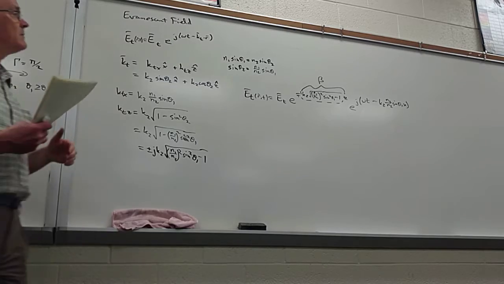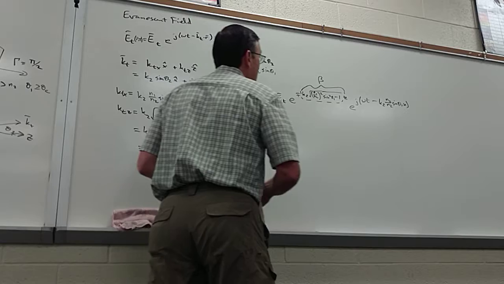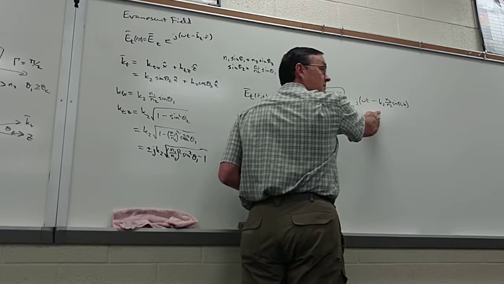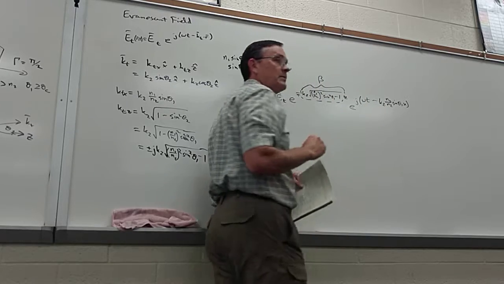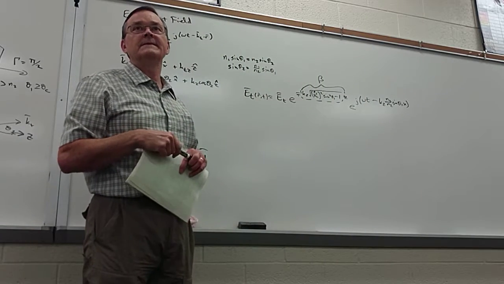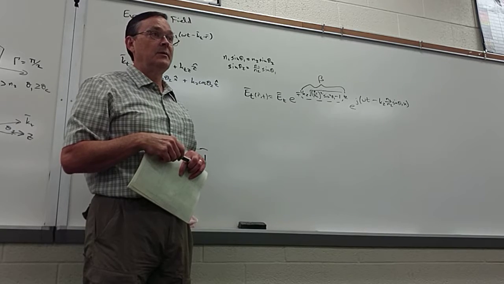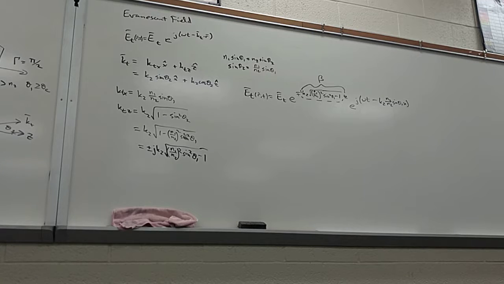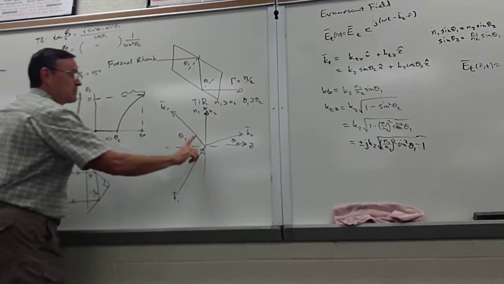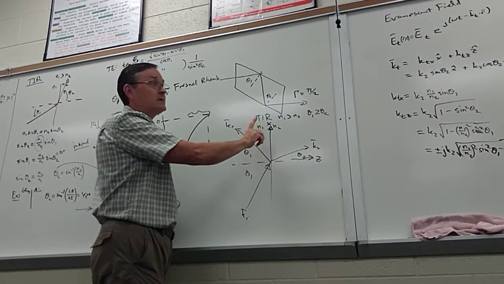Okay, so here's where we'll end. Over here, this looks like a propagating wave, right? This looks like a plane wave. What direction is it propagating in? Which direction? Positive x direction. Where is that on our diagram? Right, it's propagating this way, in the direction of the interface.